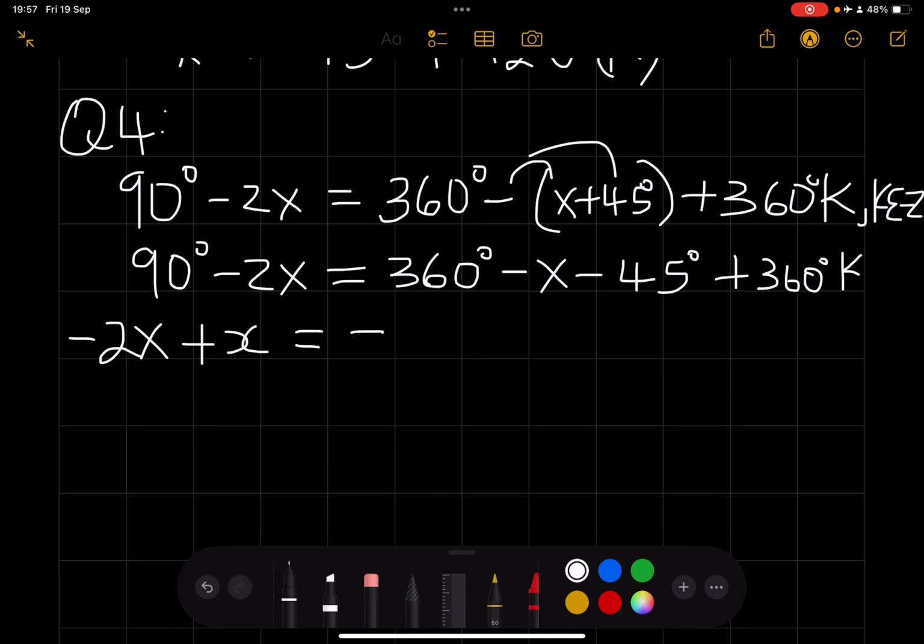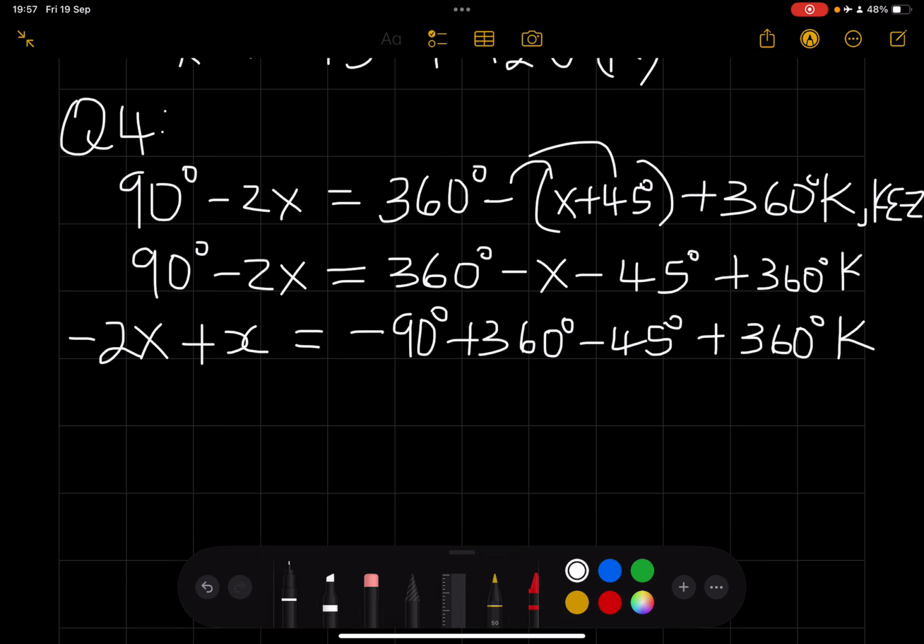This side we have negative 90 after I transposed it, and then plus 360 degrees minus 45 plus 360k. Then let's see what that gives us on a calculator. We have minus 90 plus 360 minus 45. It's negative 225. I mean positive 225.